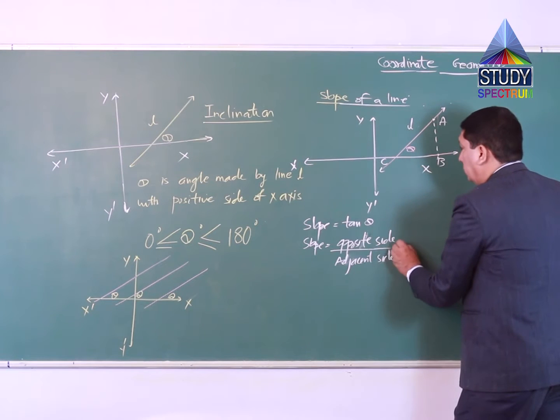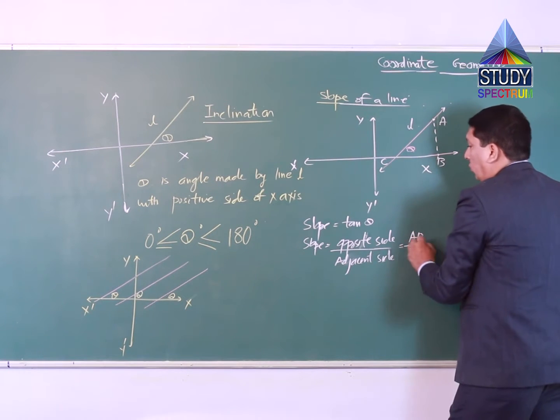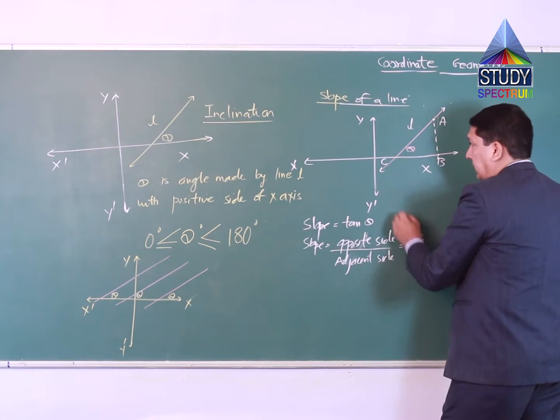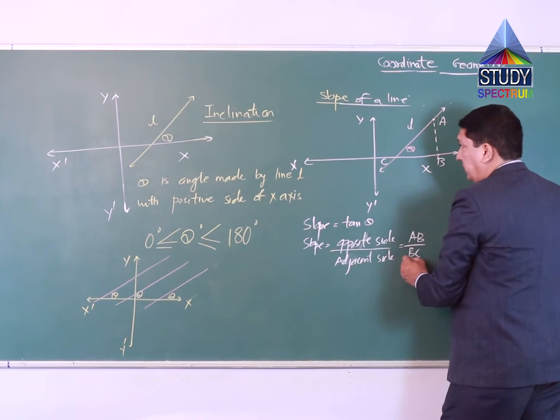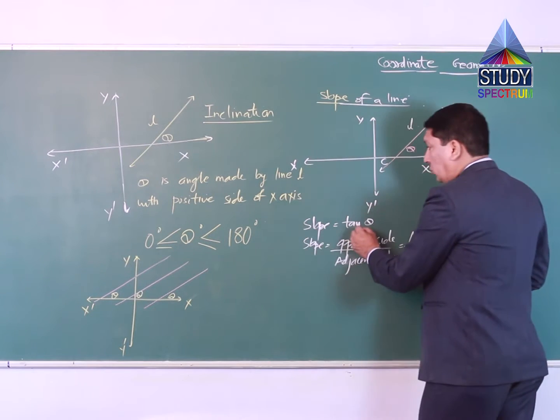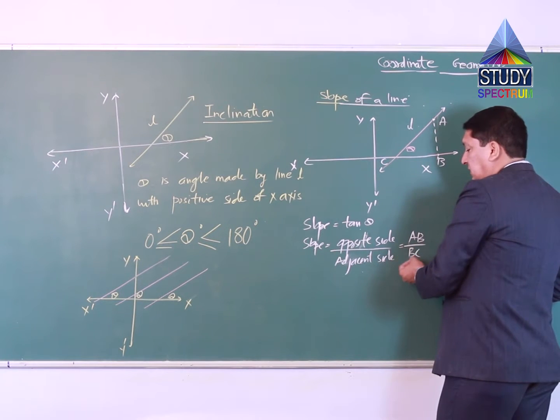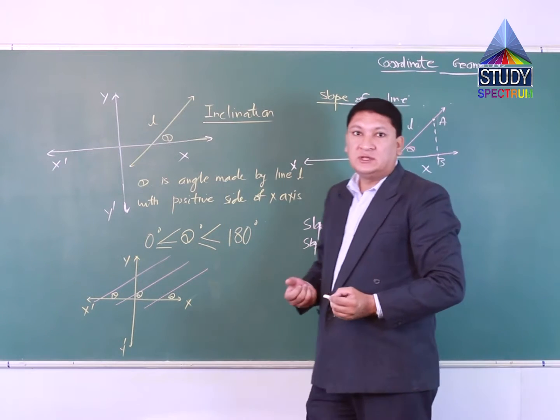So that gives you AB upon BC. So slope is equal to AB upon BC. Slope of line L is AB upon BC. Why? Because slope is tan theta and tan theta is opposite side upon adjacent side. That is AB upon BC. So this is your slope.